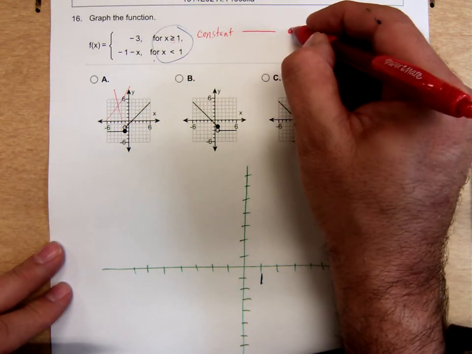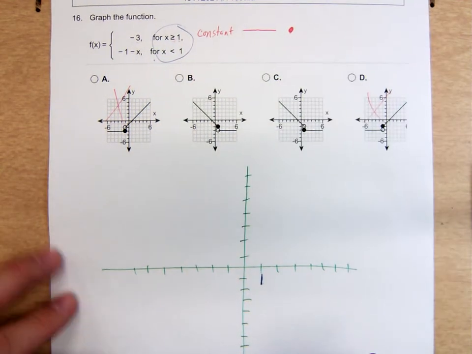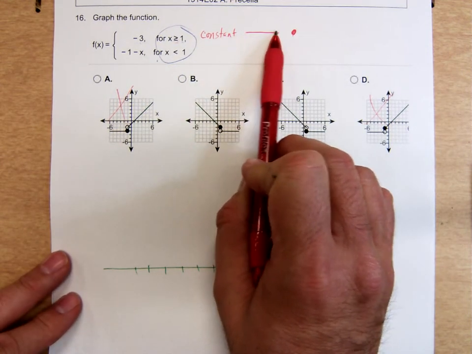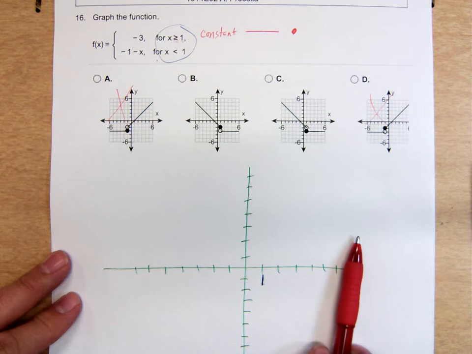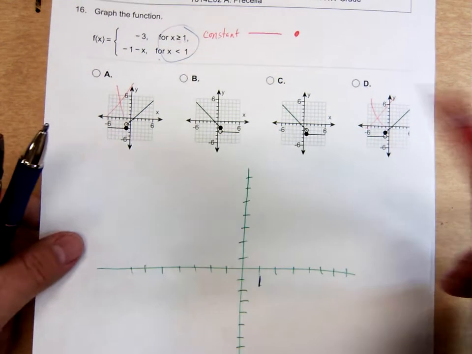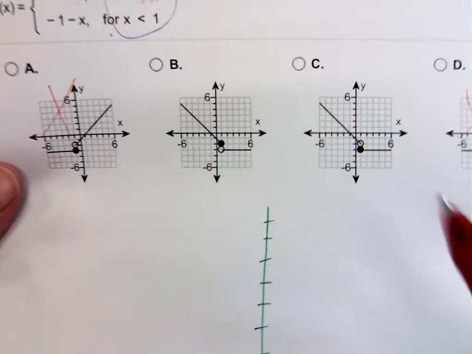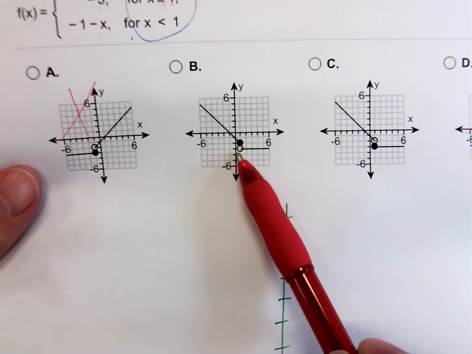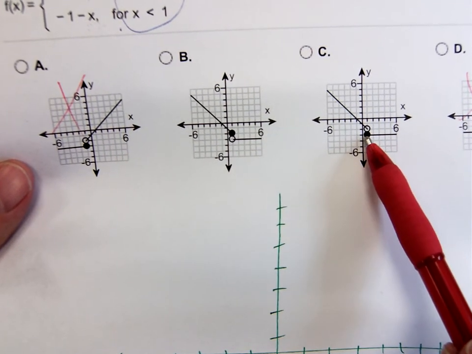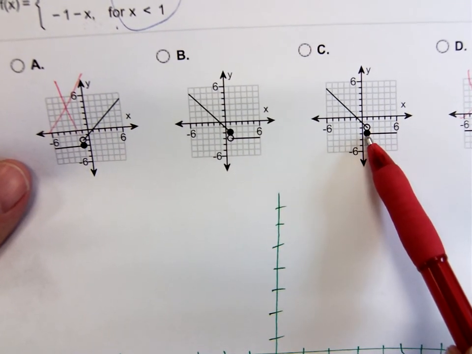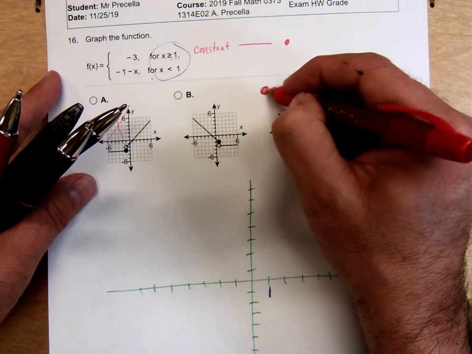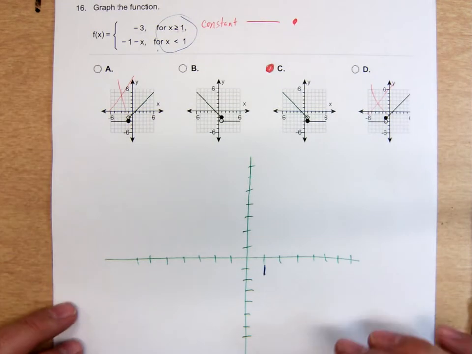So that's enough to know it. Which one has the flat line to the right of 1? Over here, x is bigger than 1 and ends with a closed circle. B has that flat line ending with an open circle. C has it ending with a closed circle. Now, if you want to actually plot points and get the complete graph, okay, but it is a multiple choice question, so you may as well take advantage.